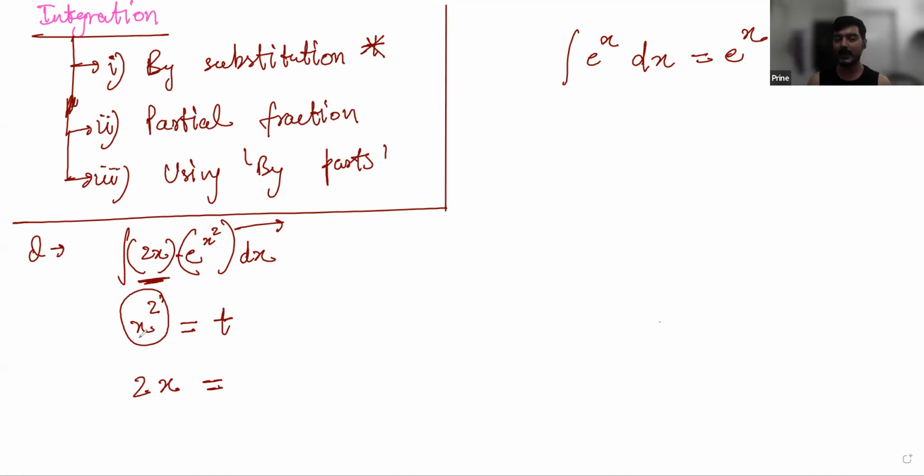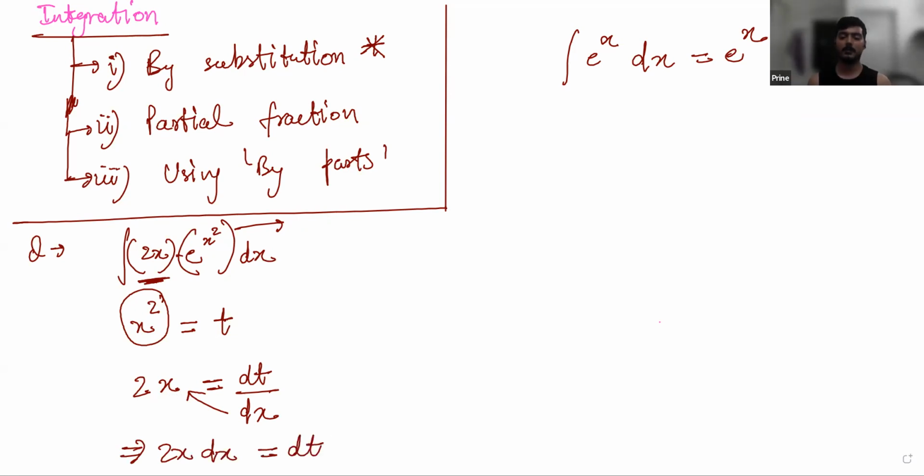When you differentiate x square with respect to x, it would become 2x. When you differentiate t with respect to x, it would become dt by dx. Now multiply dx on the left hand side. This will become 2x dx is equal to dt.